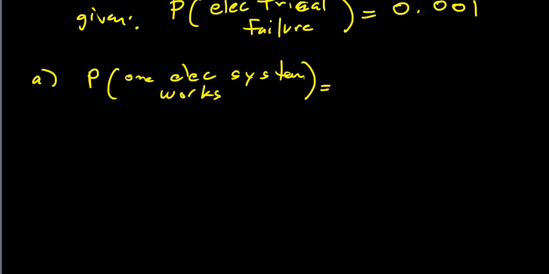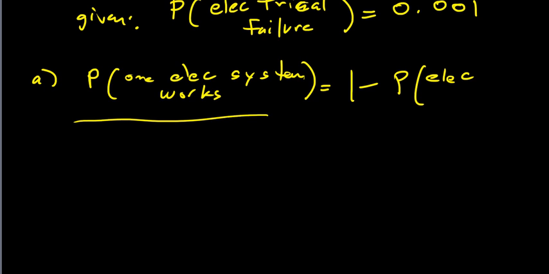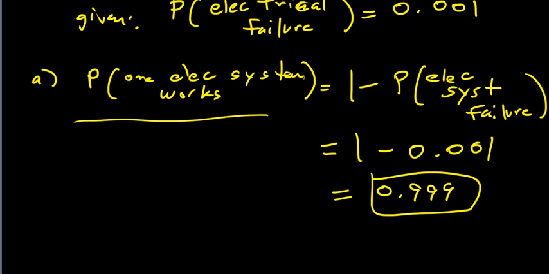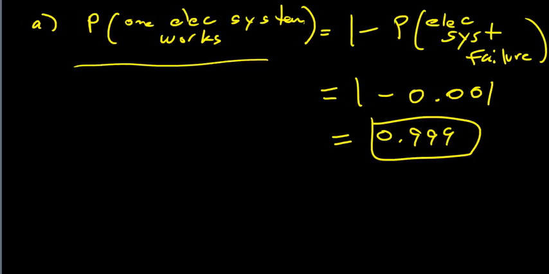They give you the probability of one electrical failure is 0.001. Let me be a little bit formal about this, at least this first time out. I'll say the probability that one electrical system works is 1 minus the probability of an electrical system failure. Of course, that's 1 minus 0.001, and if I grind that out, it's 0.999. Alright, so that was pretty soft.